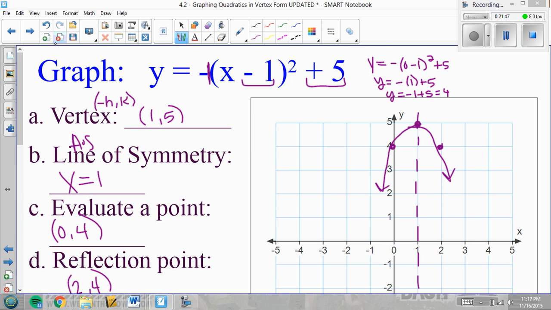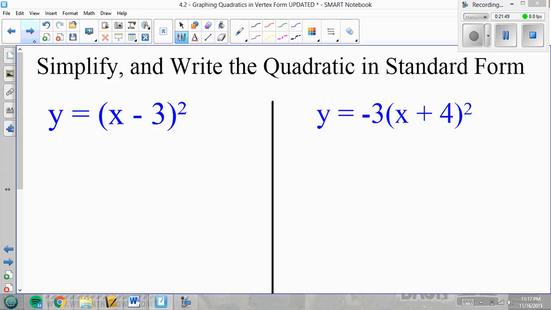So we can actually take vertex form and transform it into standard form. You really could change it into standard form and graph that way also. So to do that, look at your first example here: y equals the quantity x minus 3 squared.